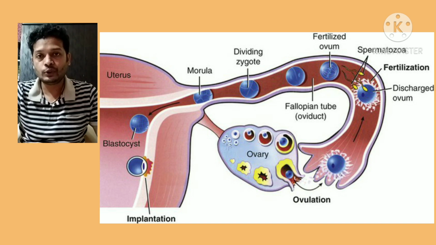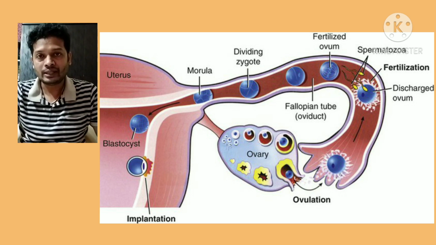What is the function of the uterus? The uterus basically provides the bed, or the site where the embryo gets implanted into the wall of the uterus. The inner lining or inner wall of the uterus is called the endometrium. This endometrium, once the fertilization occurs or even before fertilization, becomes thick so that it can support the growth of that embryo.